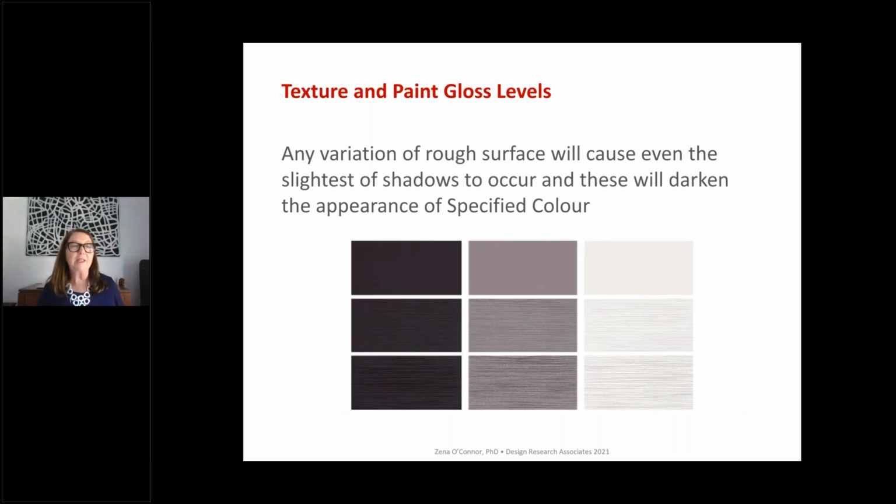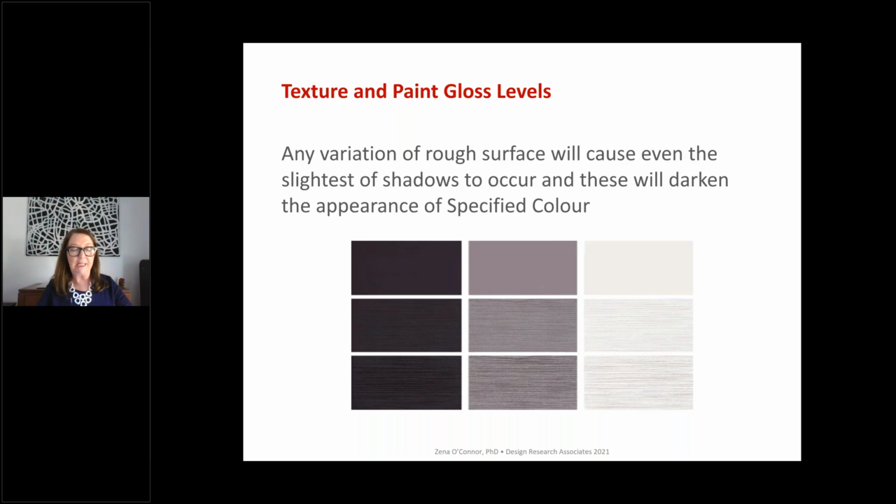Another factor that can impact a difference between specified colour and perceived colour is texture, a textured surface. So any variation of a rough surface, textured surface, will cause even the slightest of shadows to occur. And these tend to darken the appearance of specified colour.